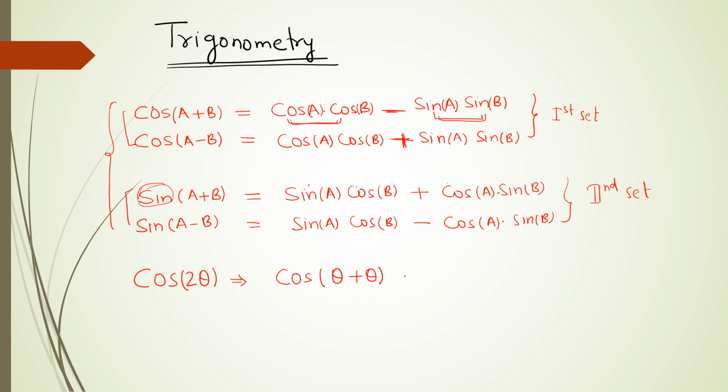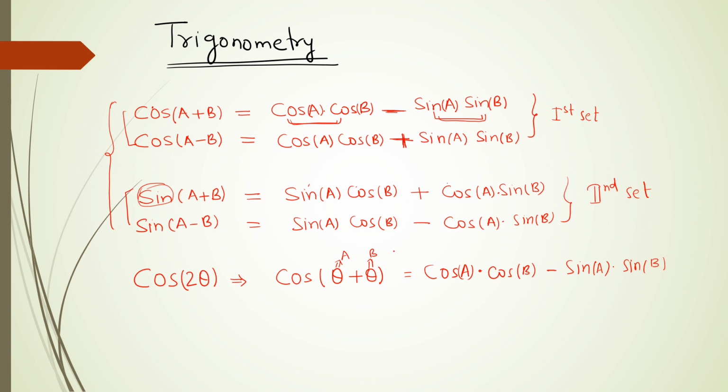Okay, so we will write this theta as A and this theta as B. So we can split this formula, cos of A plus B, means cos A into cos B minus sin of A into sin of B.